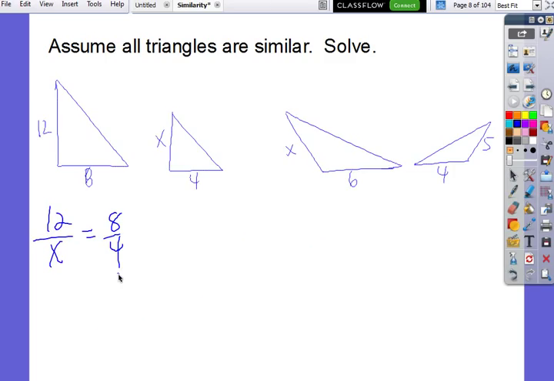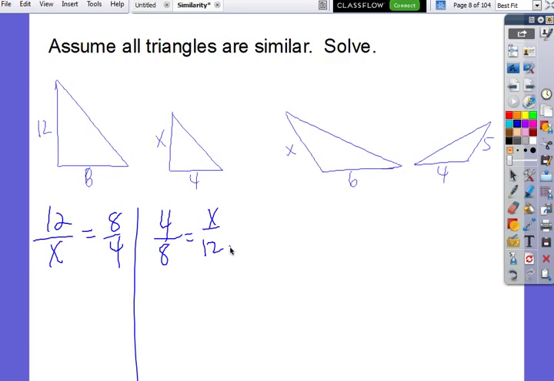Now I could have said, well, I want to start with the small triangle. Say I start with the 4. Which one does the 4 correspond with? It corresponds with the 8. If I start in the small triangle, I come back to the small triangle, I can do X over 12. Doesn't matter as long as you set it up. If you go big to small both times, you're fine. If you go small to big both times, you're fine.